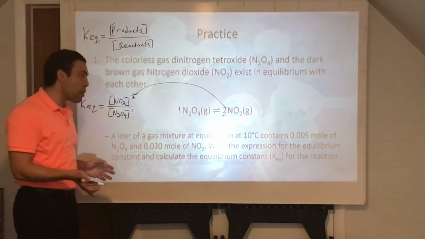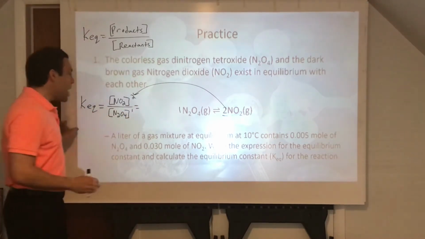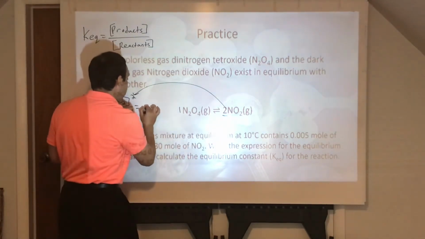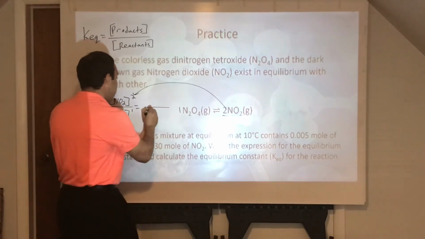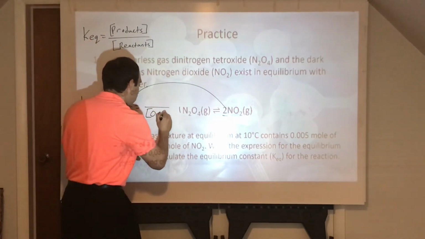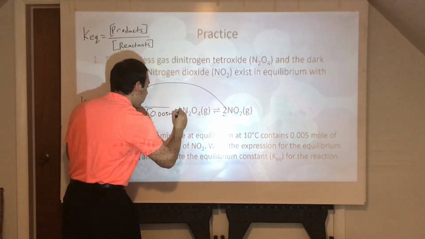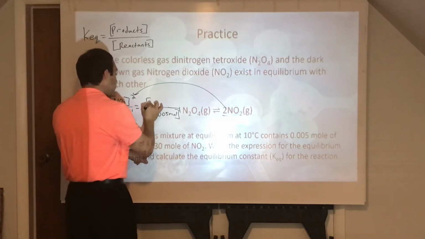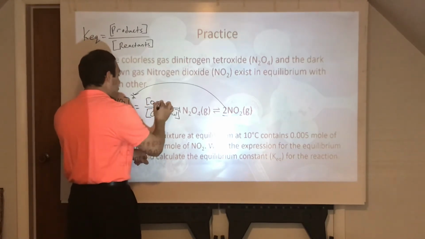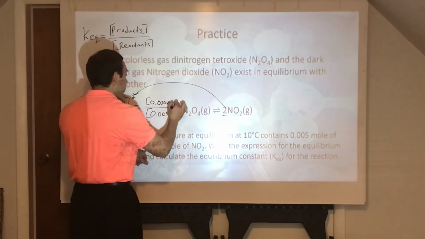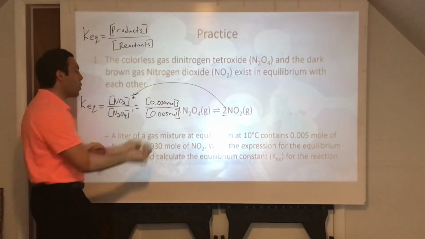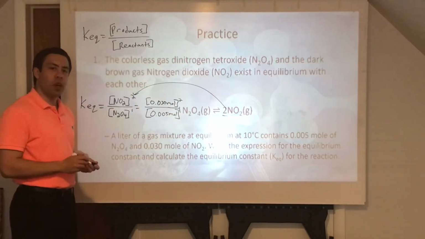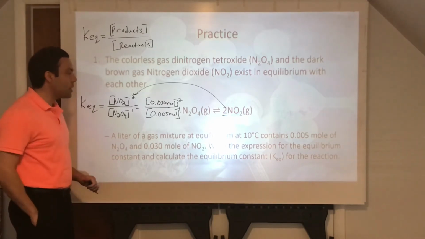Now let's plug in some numbers. We have N2O4, we have 0.005 moles. And we have 0.030 moles of NO2. Remember, we raised that to the second power. So when we punch that into our calculators, we should take this one step at a time.